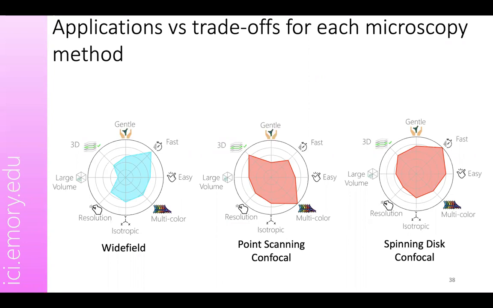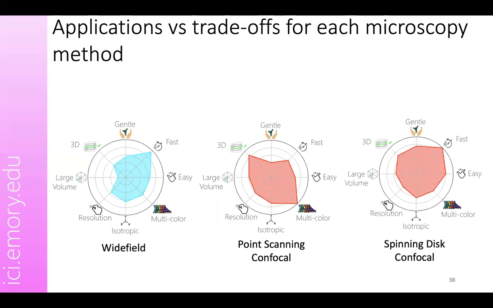Again, resolution is independent of wide field epifluorescence or point scanning. It's dependent on the objective that you are using and the numerical aperture of the objective. Whether you want to do large volume, whether you want to do a whole lot of 3D sectioning with your microscopy method.